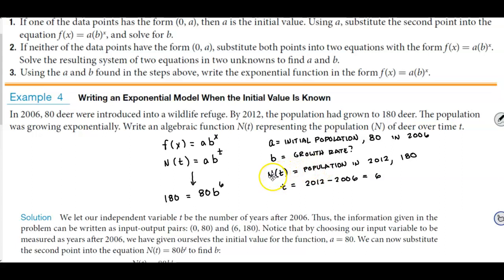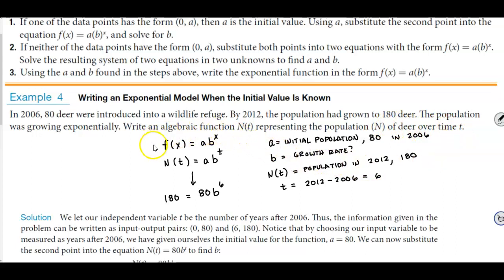The population n of t represents how much is there in 2012, which again is 180. What it's saying here is that the population was growing exponentially. So we're going to write an algebraic function n of t representing the population n of deer over time t.